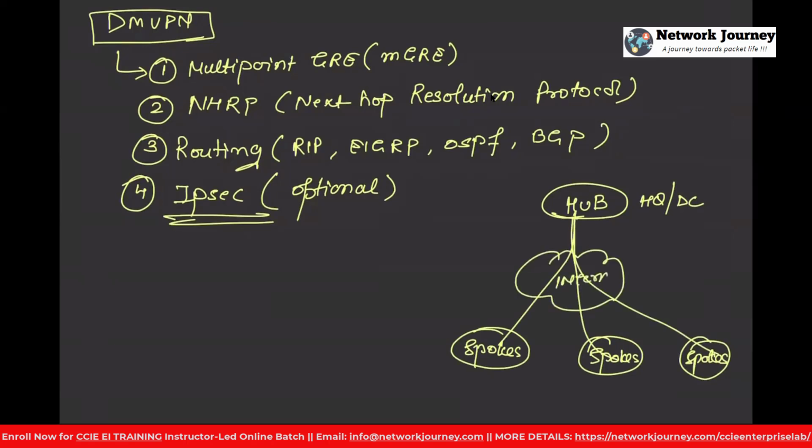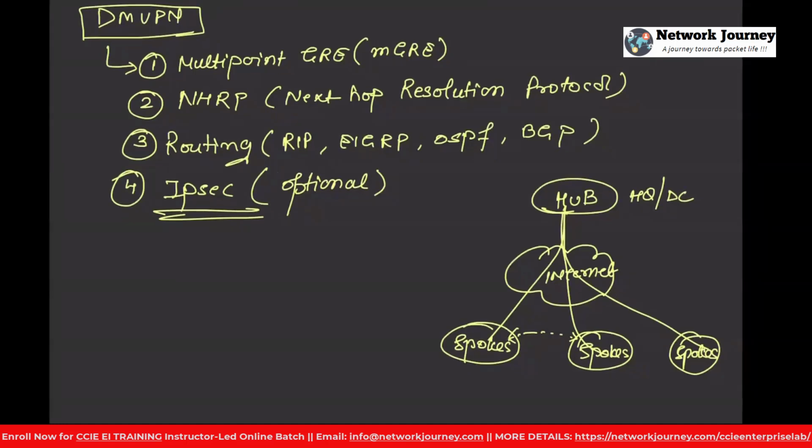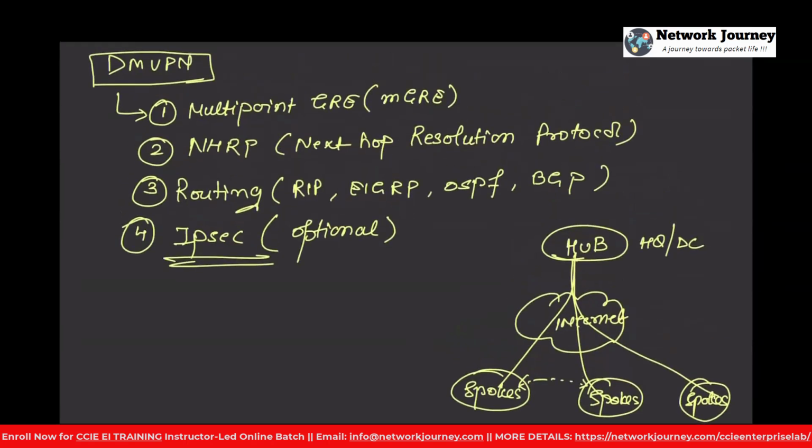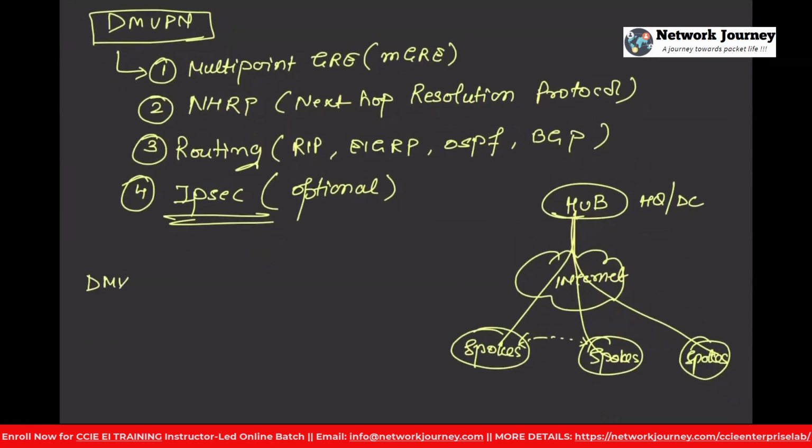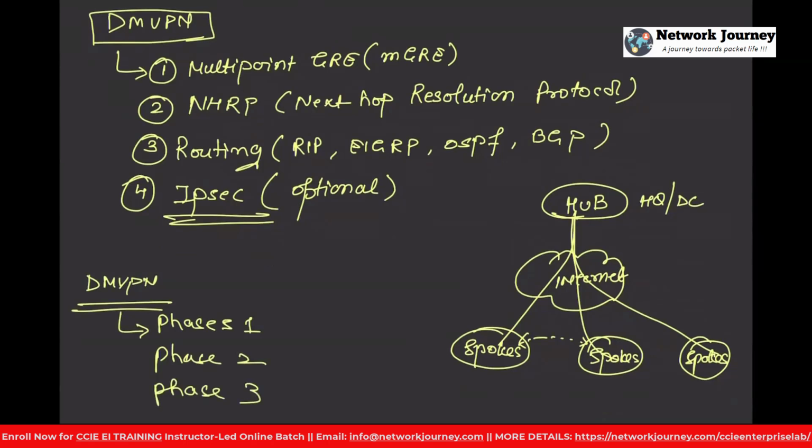Your traffic can, if you want, pass through the hub, which is your data center, or go directly between the spokes via the internet. So it is not always necessary that your traffic will go via the hub. These different configurations are known as DMVPN phases. DMVPN has a total of three phases, or you can say versions: phase 1, phase 2, and phase 3. I am going to discuss what phase 1, phase 2, and phase 3 are, just give me some time.